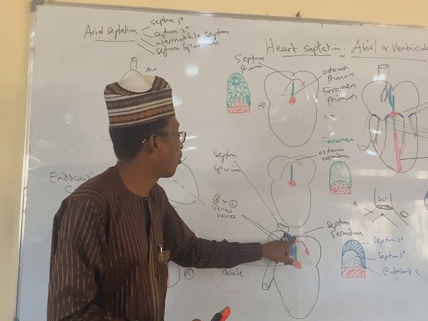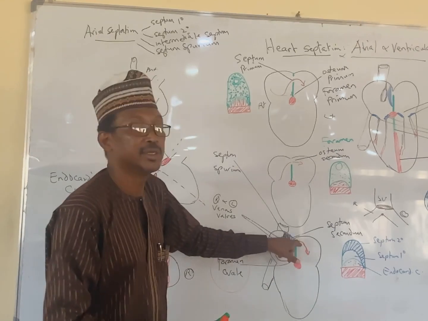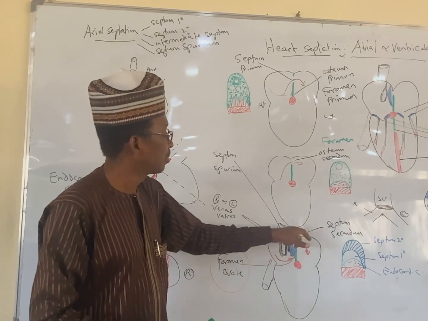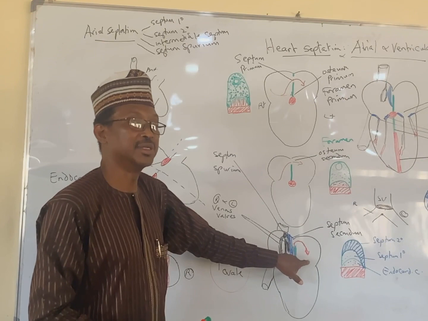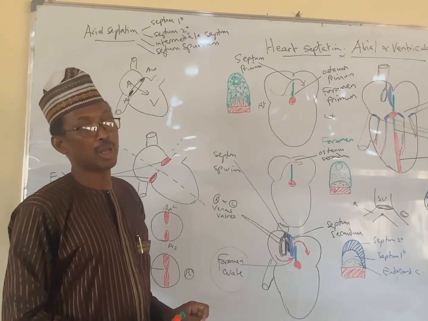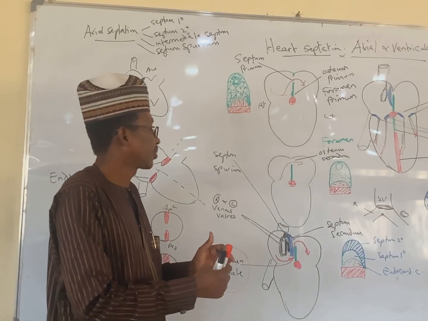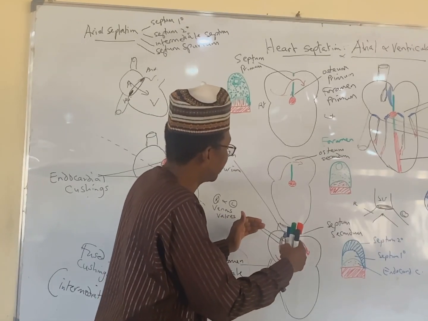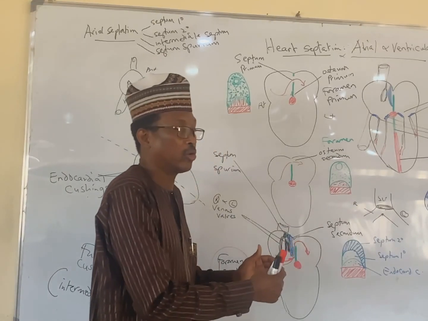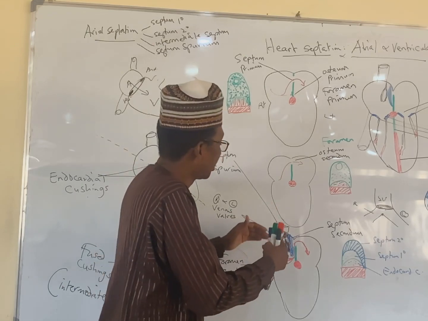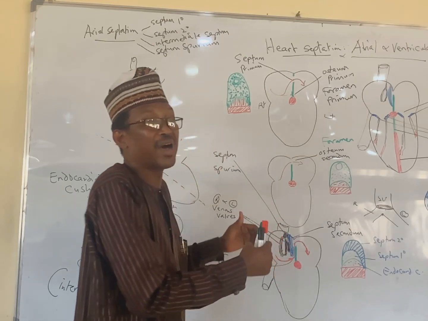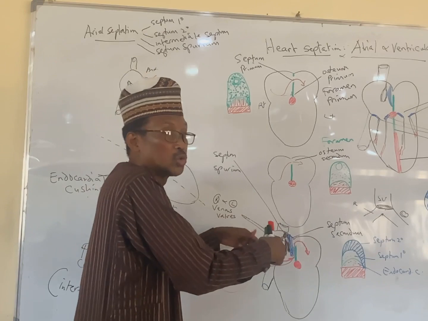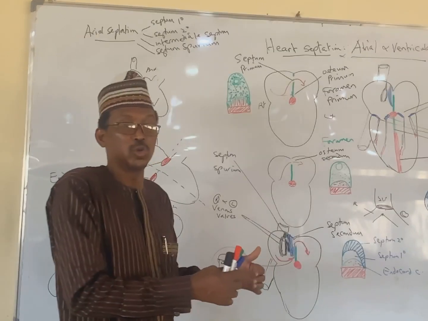It passes upward and then passes into the ostium secundum before it finally reaches the left atrium. But for the embryo, the developing fetus, this will continue to be like that up to the time when the baby is going to be born.